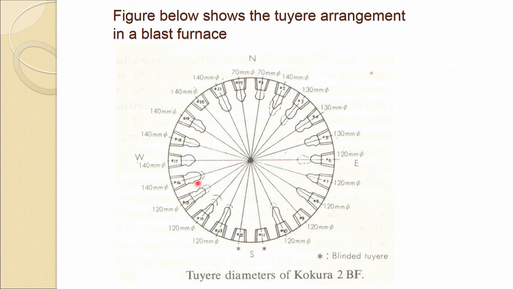This is the interspacing of the two tuyeres, and certainly if the interspacing is high, then heat penetration here would be low, and that is why you have to have at least a minimum interspacing, so that the liquid metal or iron should not get solidified or adversely affect this space.